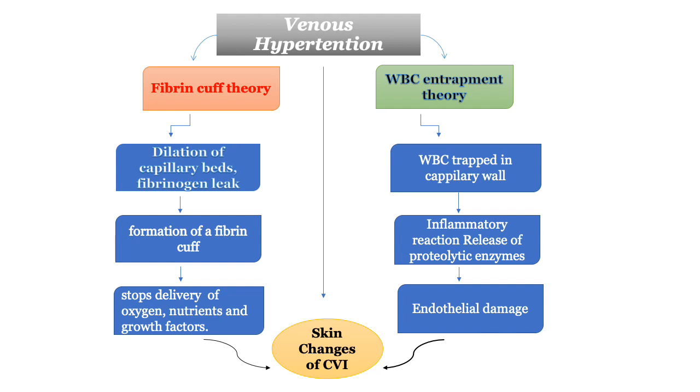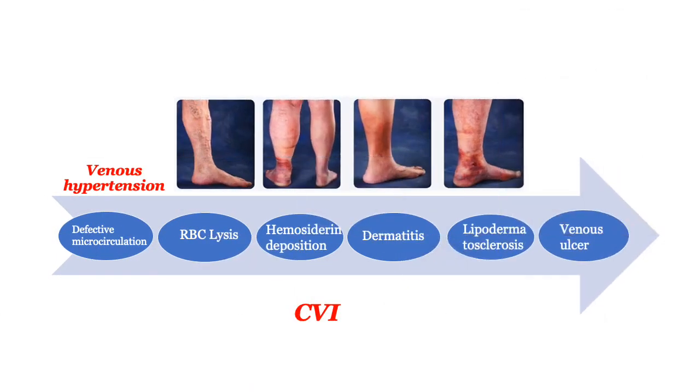And then skin changes will develop. Defective microcirculation due to venous hypertension, chronic, will lead to RBC lysis, hemosiderin deposition, dermatitis, lipodermatitis, and finally venous ulcer.